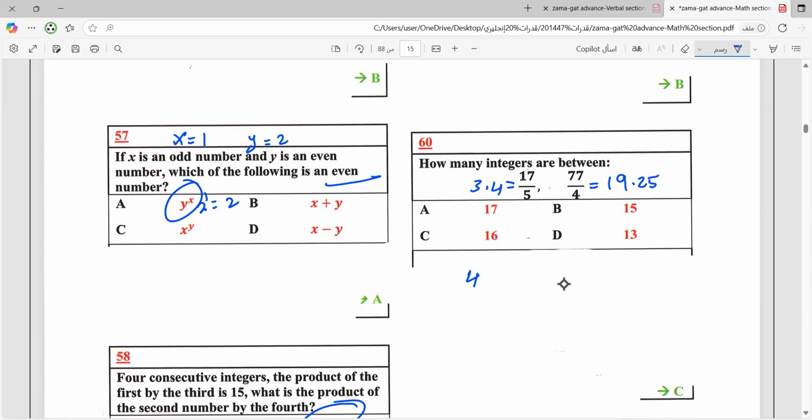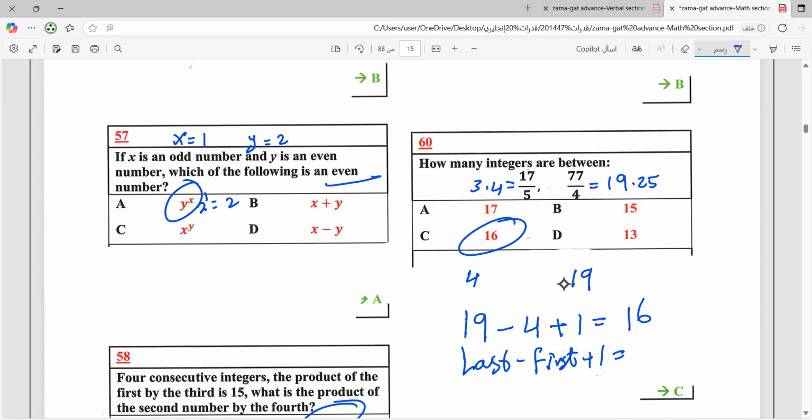So between 3.4 and 19.25, the integers go from 4 to 19, because we don't need more. How many integers will be there? 19 minus 4 plus 1. With this formula, last minus first plus 1, you get 16 numbers. So the answer is 16.